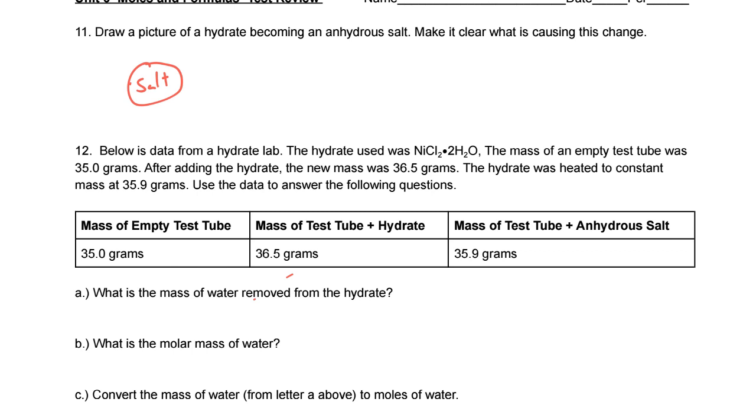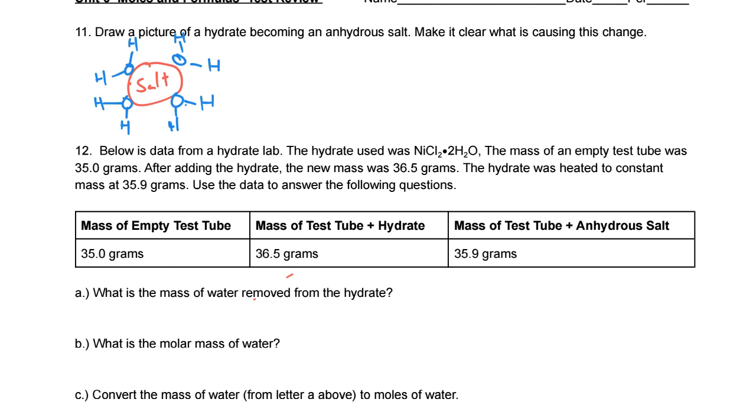And attached to our salt is a bunch of water molecules integrating themselves into the structure of the crystals. All right, but it's a somewhat loose connection. It's just what we call a hydrogen bond, which isn't very strong. It's not like an ionic bond or a covalent, which is our strongest.